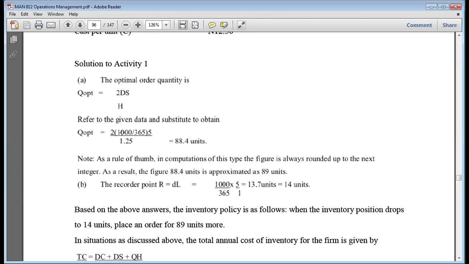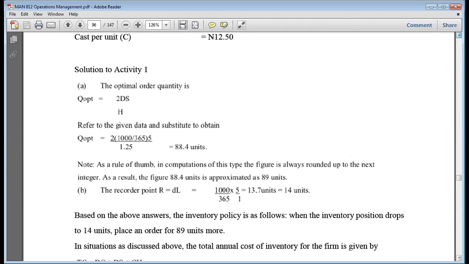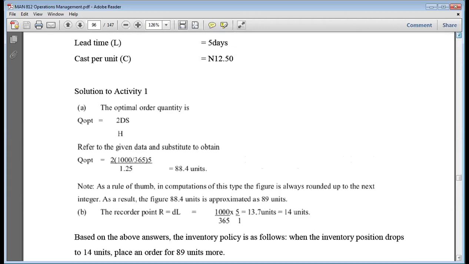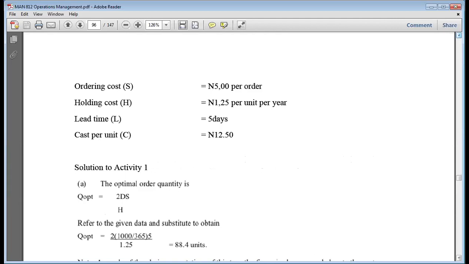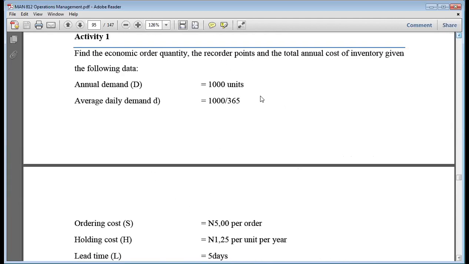Then, even there is a mistake here. When you say 2 times the annual demand, they use the average daily demand, 1,000 over 365, which is wrong. What you will use is the annual demand, which is given in the question as 1,000.